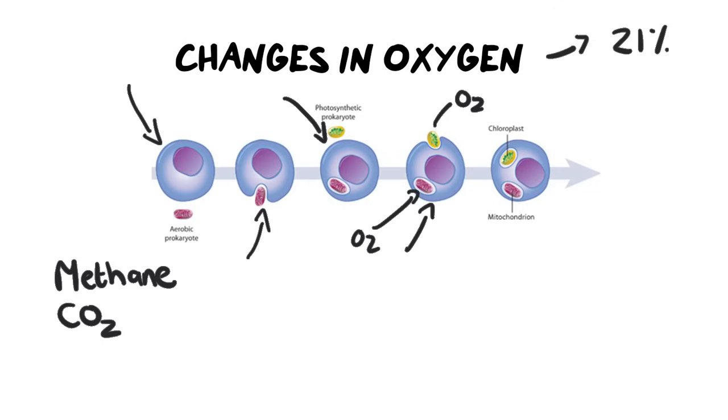And in return, these little aerobic prokaryotes make more carbon dioxide, which is great because you need carbon dioxide for photosynthesis. So it was this self-sustaining cycle. And this is the theory that we suggest about how chloroplasts and mitochondria came about, and how we actually got the first amounts of oxygen in the atmosphere.